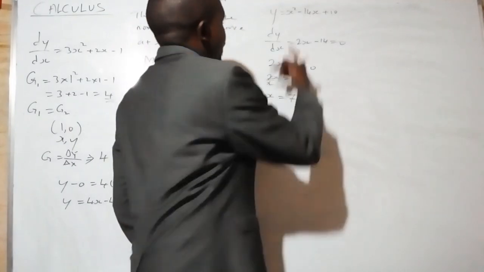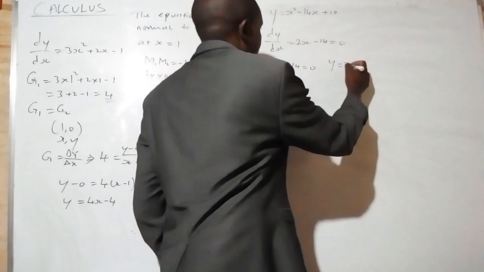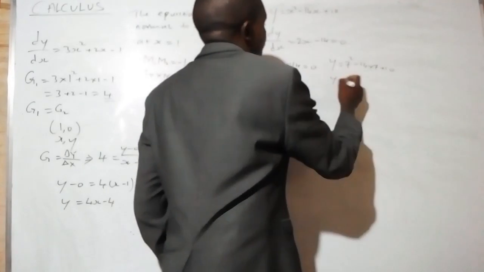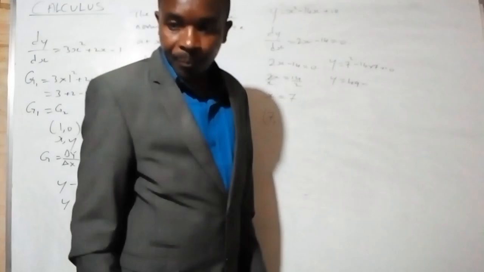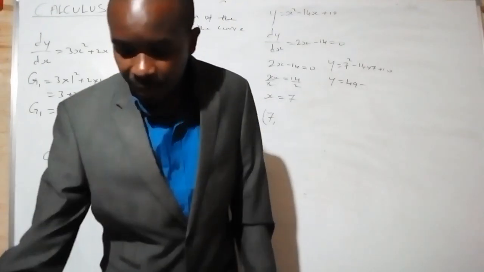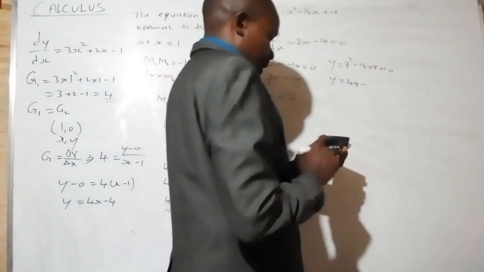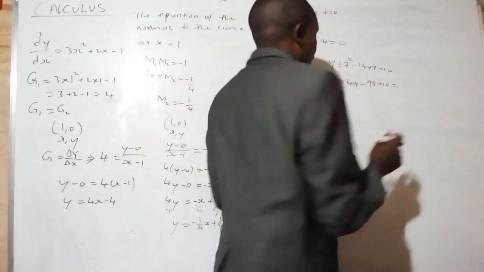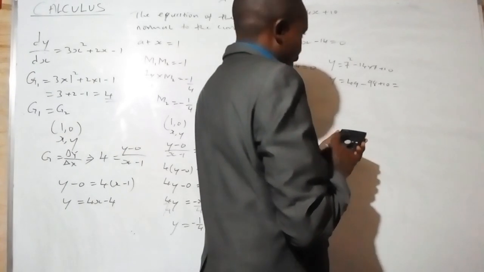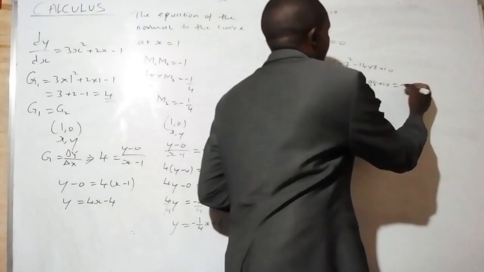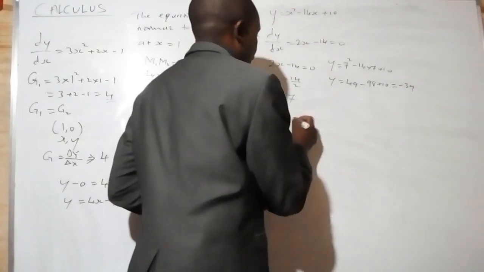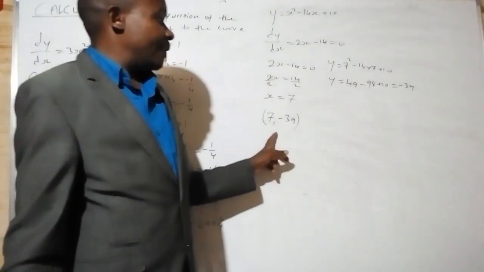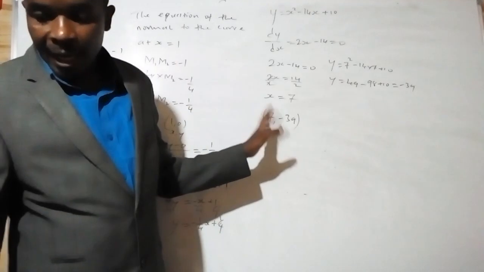You substitute: y is equal to 7 squared minus 14 times 7 plus 10. y is equal to 49 minus 14 times 7, 98, plus 10. 49 minus 98 plus 10 is equal to negative 39. And the coordinates of the turning point of this curve are 7, negative 39.